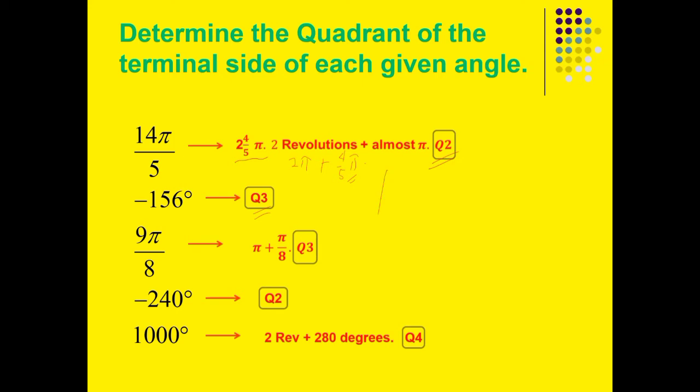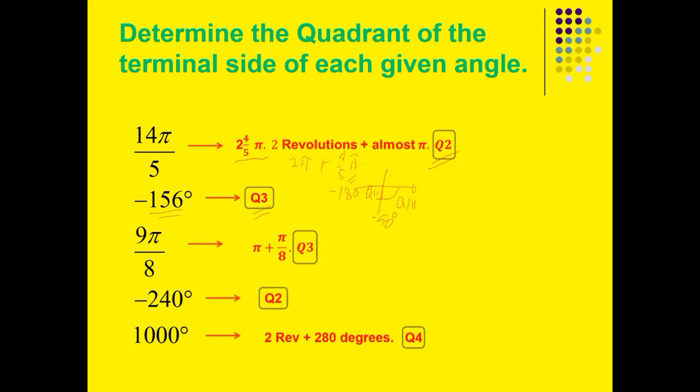If we have the counterclockwise direction, then this is negative 90 for the quadrant 4, then negative 90 to negative 180 belongs to quadrant 3. Since negative 156 is between negative 90 and negative 180, it falls to quadrant 3.